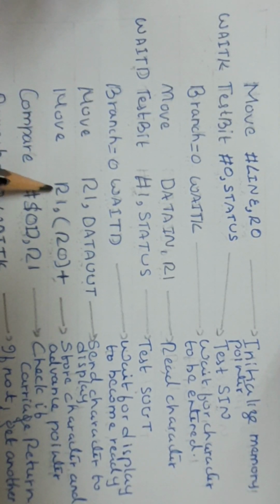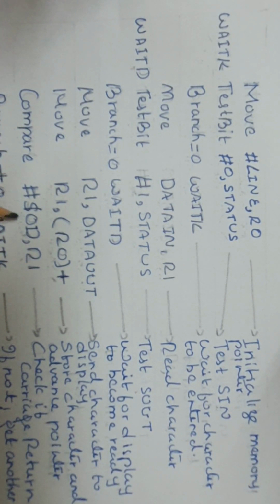Next, the keyboard character stored in R1 is stored in the buffer, at the second location now. After storing, the address in R0 is incremented by 1 word address so that R0 points to the next memory location.